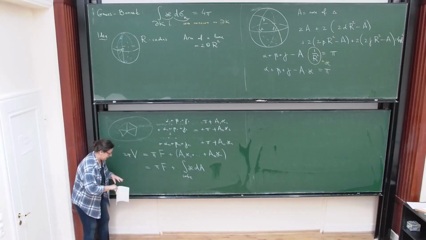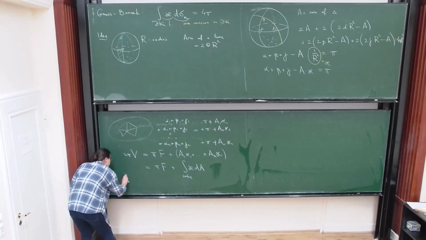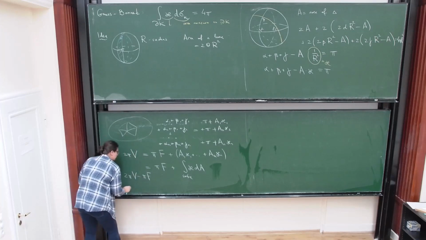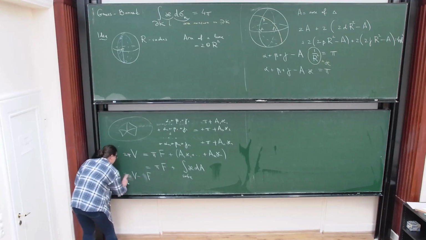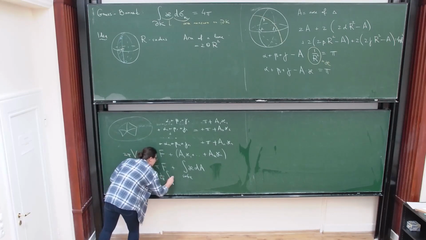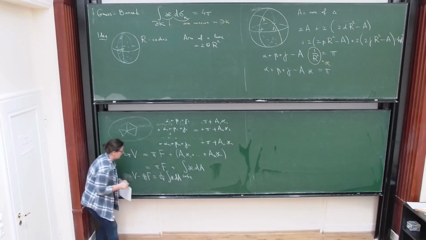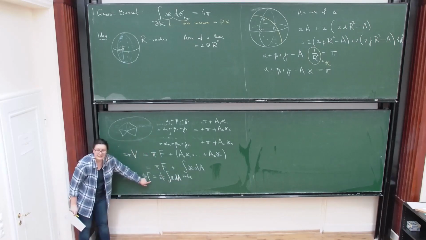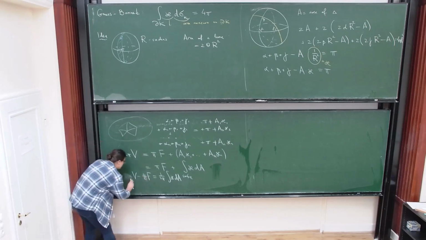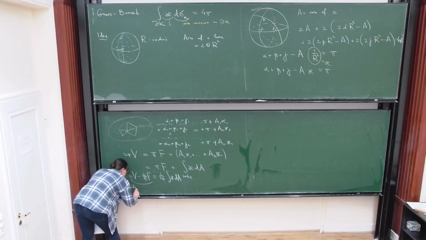And the left-hand side, so if I move all these things to the left, and let's even divide by 2 pi, here is my integral of Gauss curvature, and the left-hand side, one can show, is just the Euler characteristic of the surface.